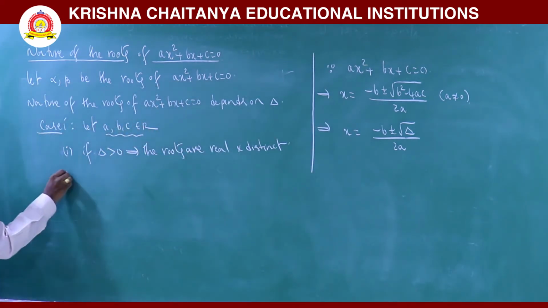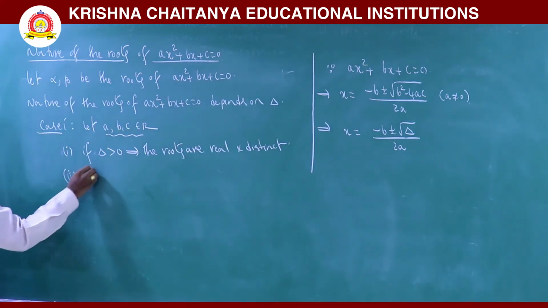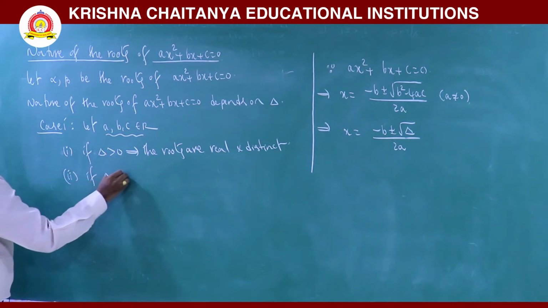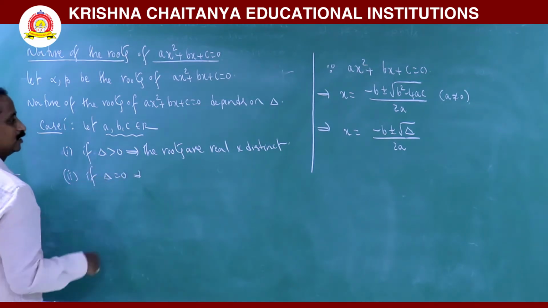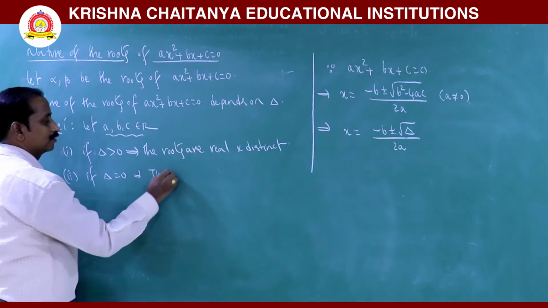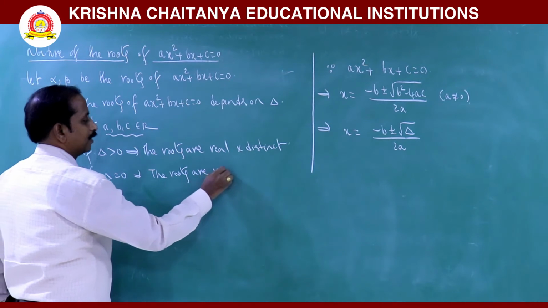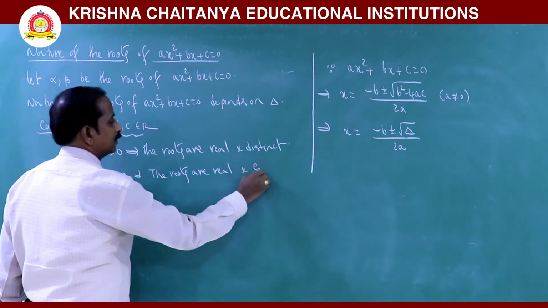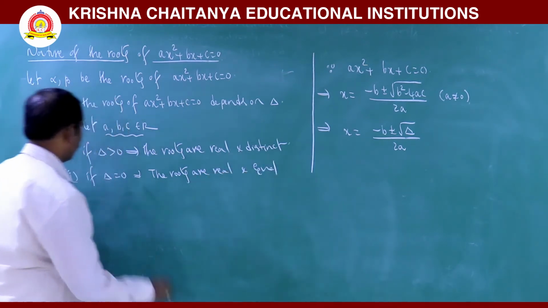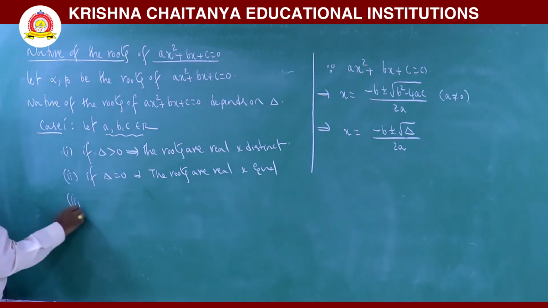Next, the second point. If delta is equal to 0, the roots are real and equal. Next, the third point.